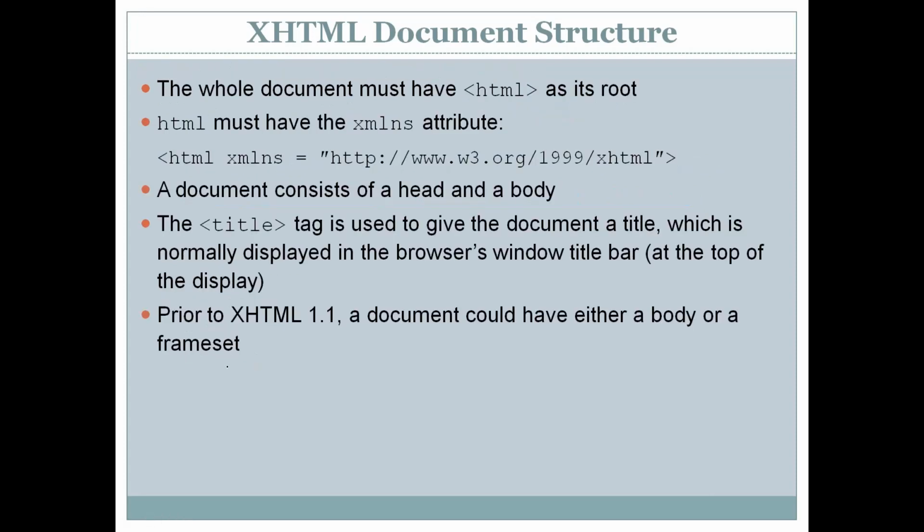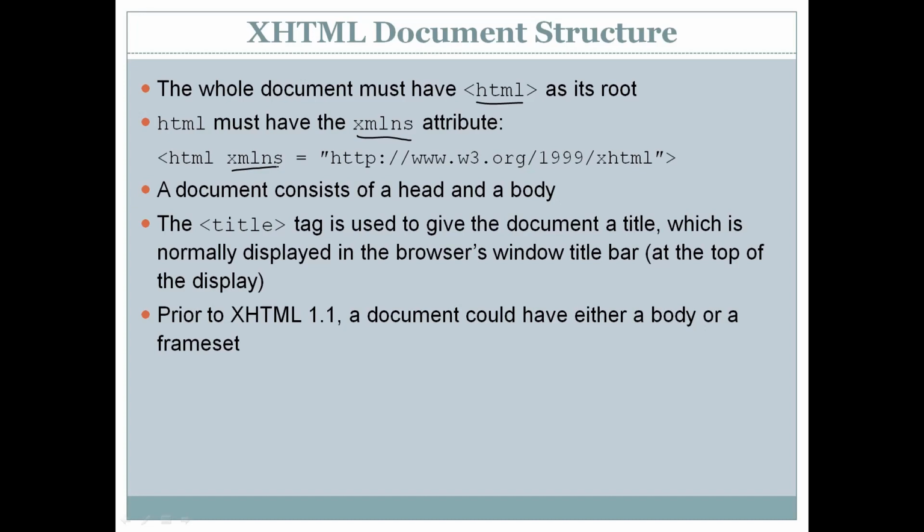And then the document must have the HTML declaration. HTML is the root of the document. The document actually starts with HTML, and this HTML should have an attribute called XML namespace or xmlns. This XML namespace has to be used in every XHTML document.